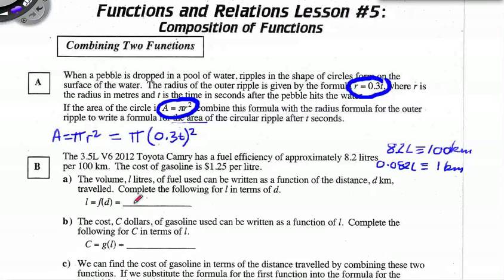So for every 1 kilometer traveled, we'll use up 0.082 liters.